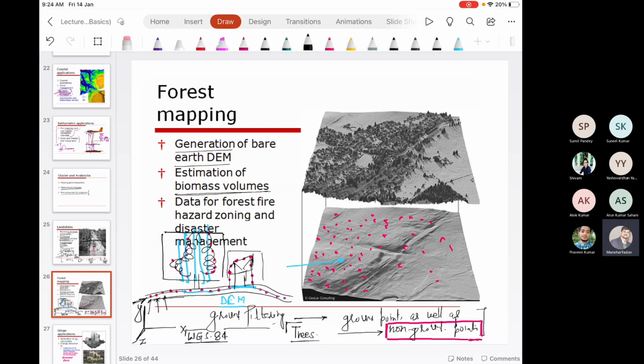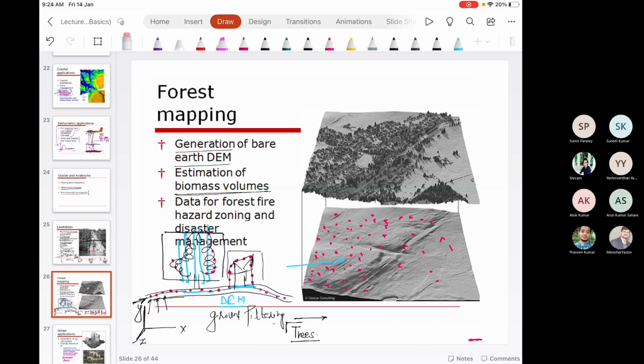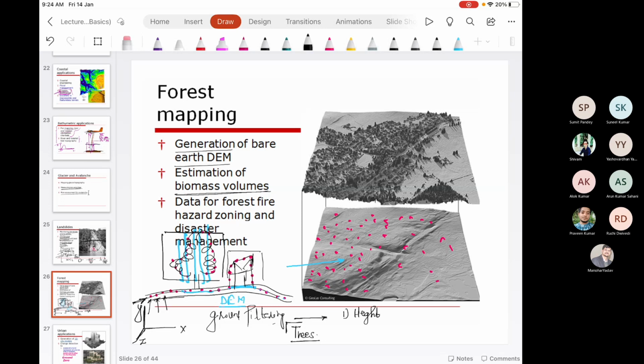Various morphological parameters of the trees, like the height of the tree, then we calculate diameter, DBH, then biomass.